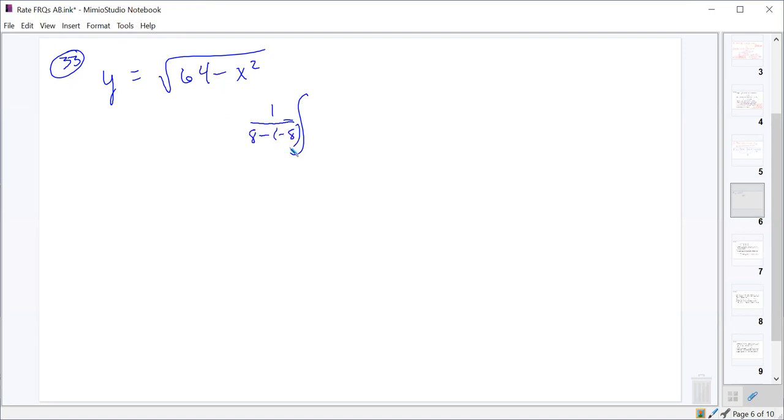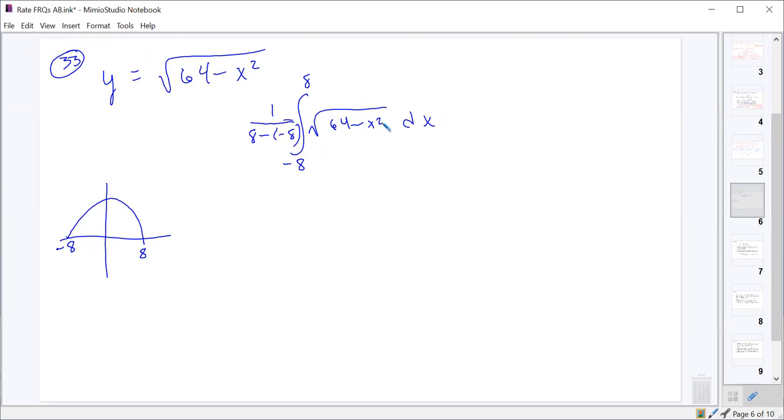So 1 over 8 minus -8. And we should know what this looks like: it's just a semicircle with a radius of 8. Then the integral from -8 to 8 of root 64 minus x squared dx. It's just the mean value theorem, right? The average value is 1 over b minus a times the integral from a to b of the function.